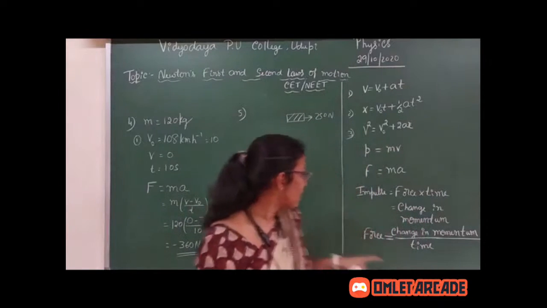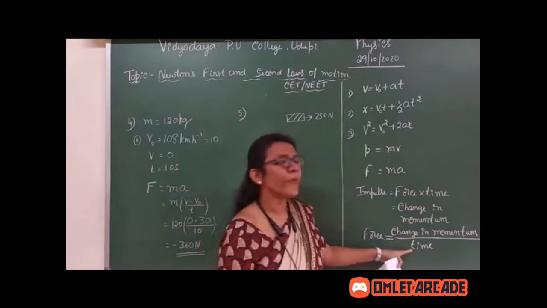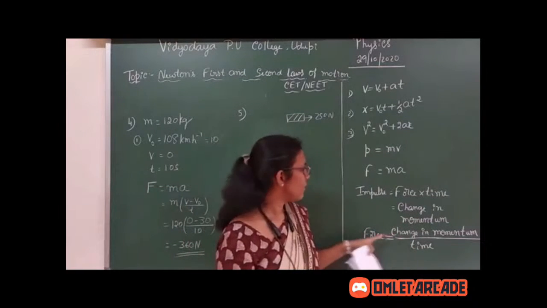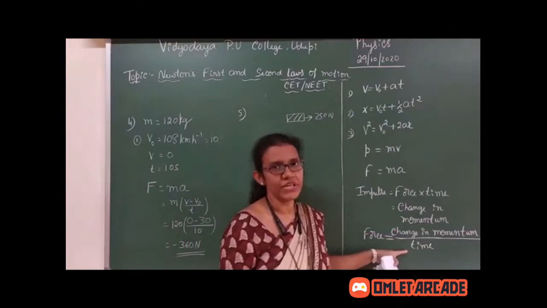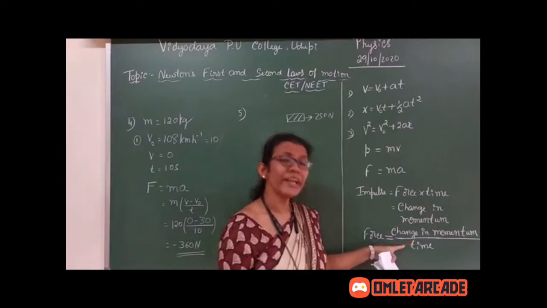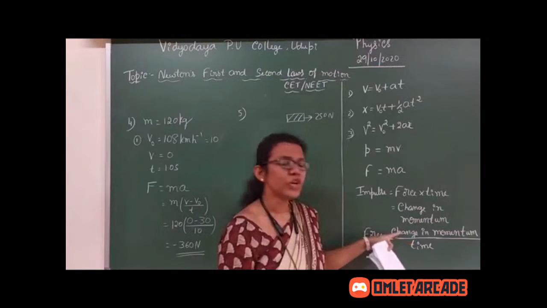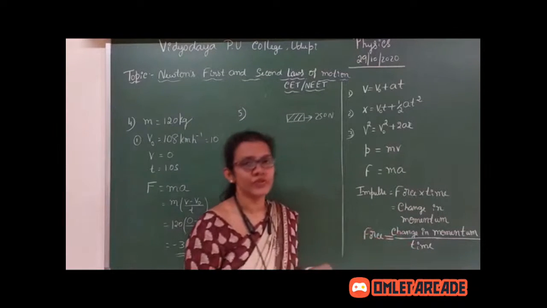So we know that force is change in momentum by time. Force is equal to delta P by delta T. Now to calculate this T, that is equal to delta P by force.